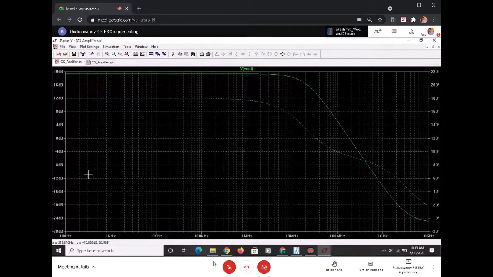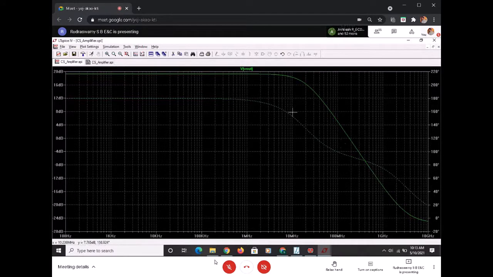The x-axis we have taken in terms of frequency, that too in the decade. It is not a linear graph. Similar to your transient analysis, this is a decade plot, and I'm varying in terms of 100. 100 hertz, 1K, then 10K, 100K, 1 mega, 10 mega, 100 mega, so till 10 giga.